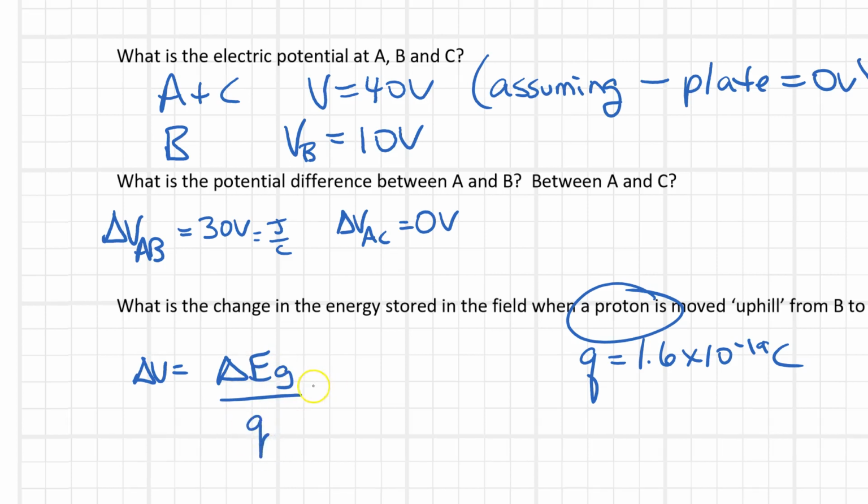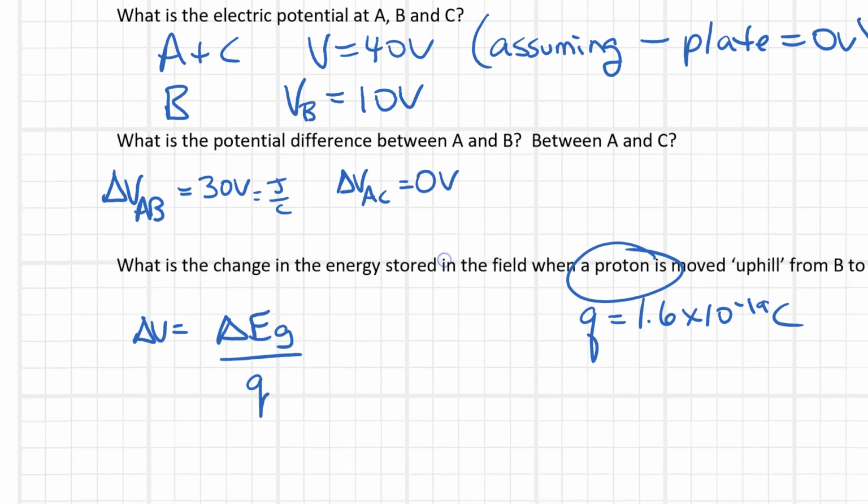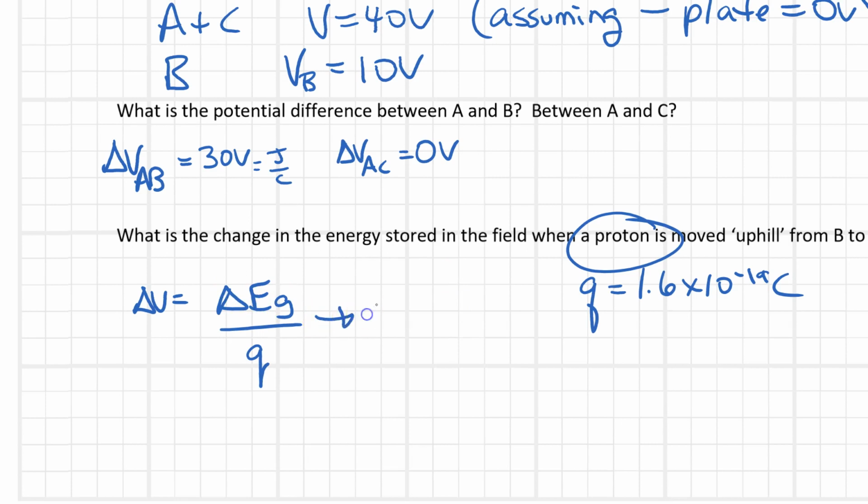So in this case, we're solving for the change in energy. If I rearrange this, the change in gravitational potential energy is going to be the change in elevation, the potential difference, multiplied by how big of a charge I'm moving between those two spots.